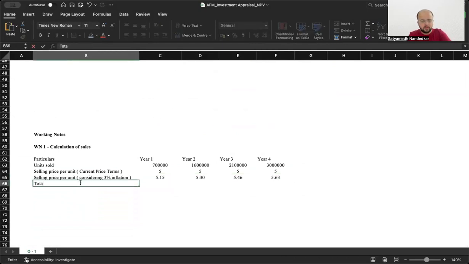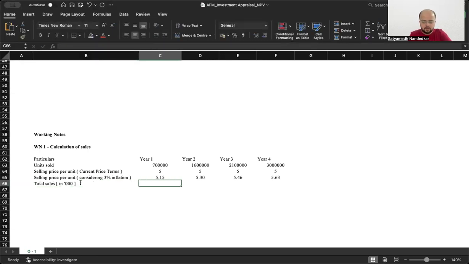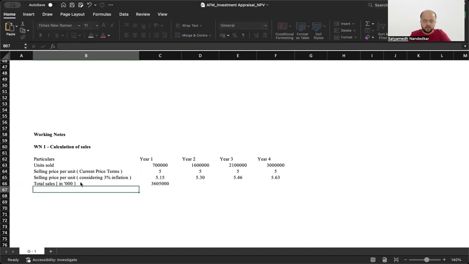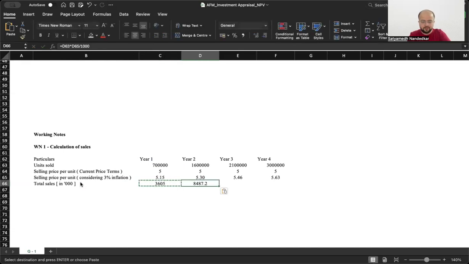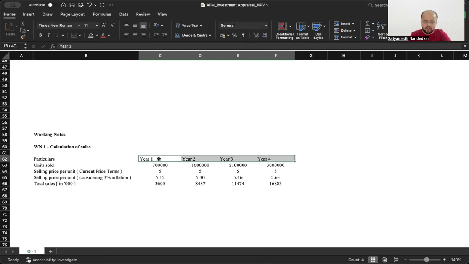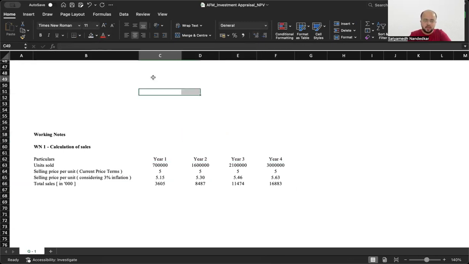Now, total sales, I'm going to write it in thousands. So 7 lakh units into 5.15 upon 1000. What you can see here is the total sale for each of the years expressed in thousands.